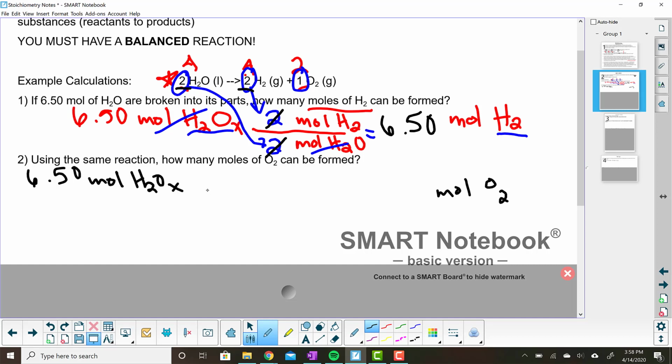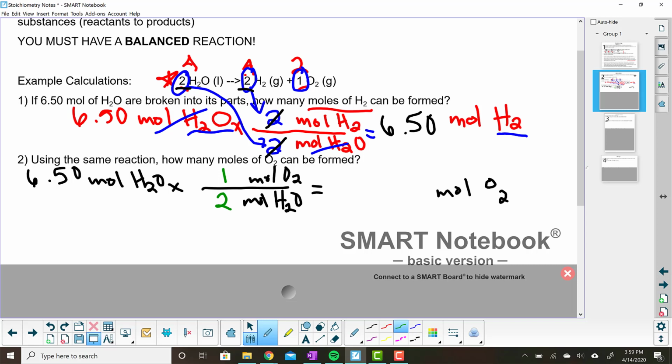So I'm going to set up my conversion. Moles of H2O goes on the bottom, and moles of O2 goes on the top. Now I get these numbers from the balanced chemical reaction. The balanced chemical reaction shows 2 moles of water for every 1 mole of oxygen.